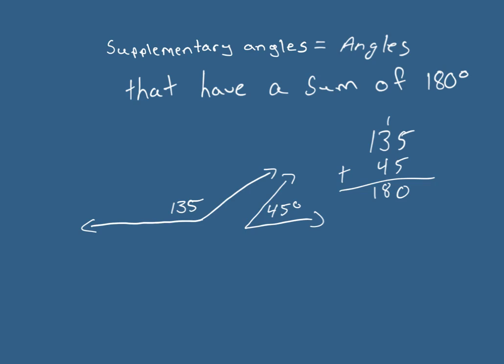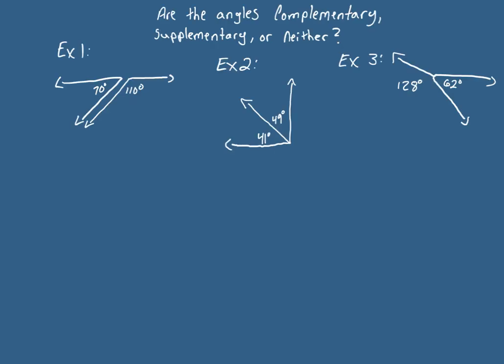So let's try a few as examples. I have 3 up here that we're going to try. These are also in your book on page 186. They're labeled A, B, and C, right? So our directions are to tell whether or not these are complementary, supplementary, or neither, and they will be neither if they don't add up to 90 or 180.